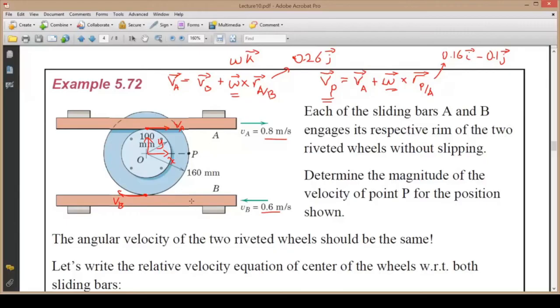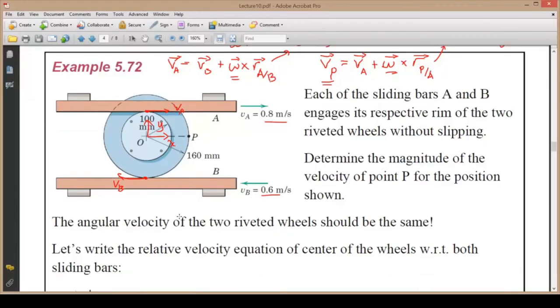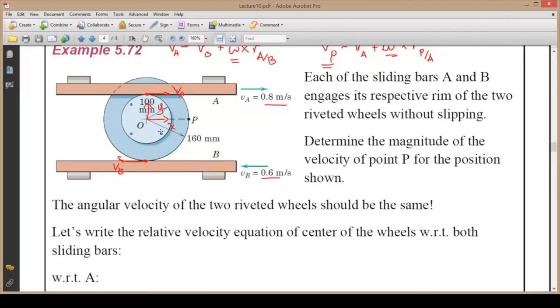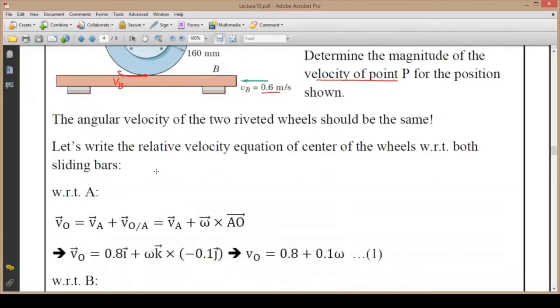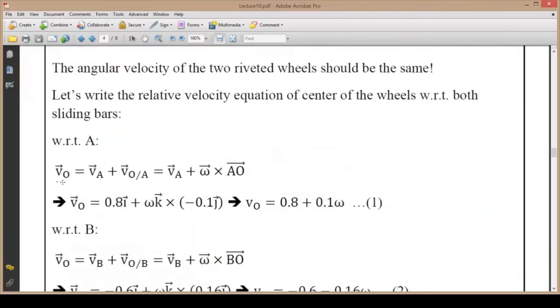The other way is already written down in the equation set. First of all, we are trying to calculate the velocity of this wheel. If this is asked, obviously you need to do that, but the only thing asked is the velocity of point P. But as extra information, you might want to find V0. The most convenient way is to write an equation for V0 using VA, and another equation for V0 using VB.